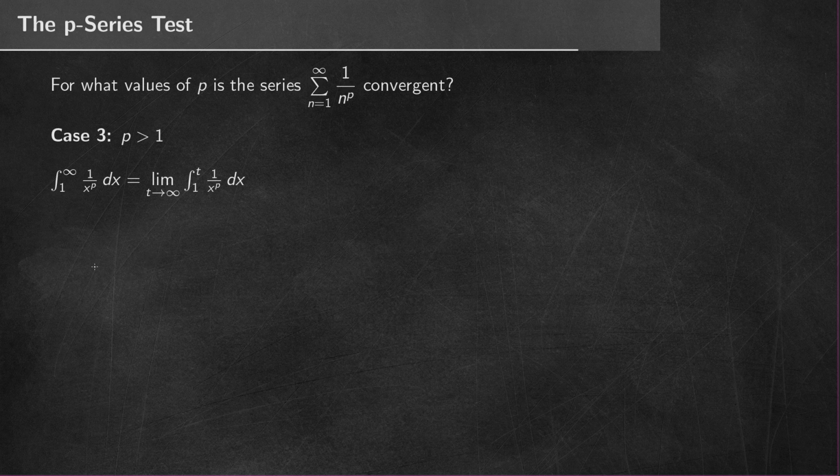And case 3, what happens if p is greater than 1? If p is greater than 1, we still have a function that's positive, continuous, and decreasing, so we can use the integral test. Now I'm integrating 1 over x to the p, which again becomes x to the power negative p, and we'll use our power rule.